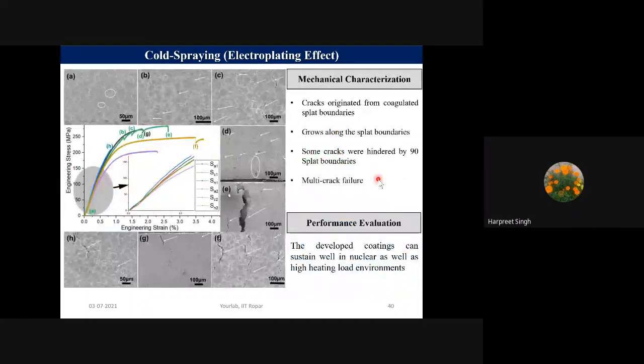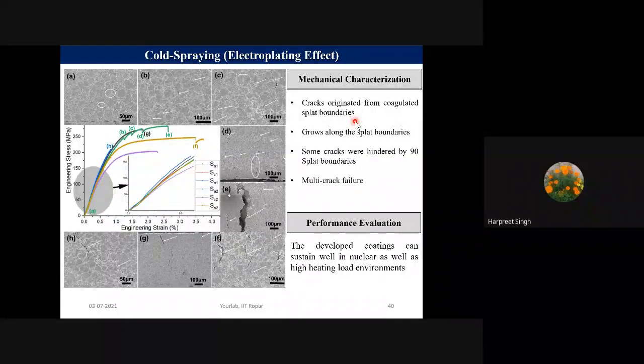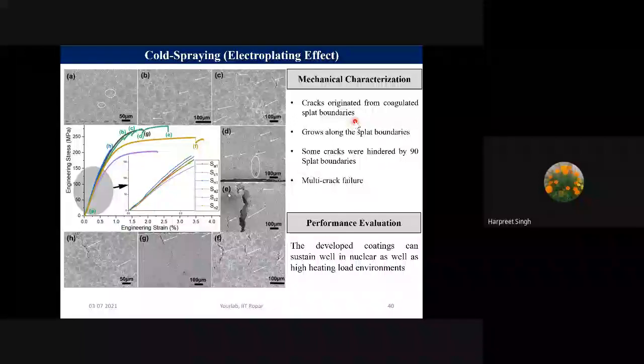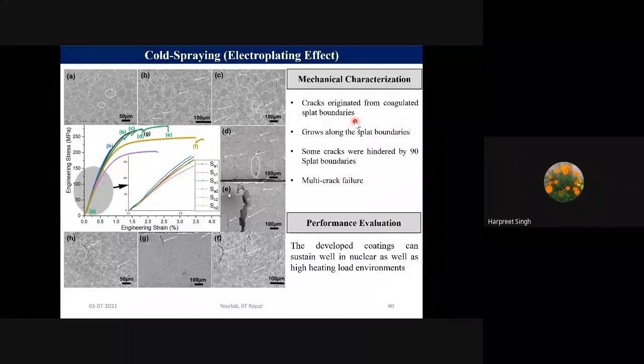This is again the same thing performed on these coated layers with interlayers of nickel and copper, and you can see again how failure is taking place. So the crack originated from coagulated splat boundaries and grows along the splat boundaries, and some cracks were hindered by 90-degree splat boundaries, and from there they get diverted into some other directions, right?